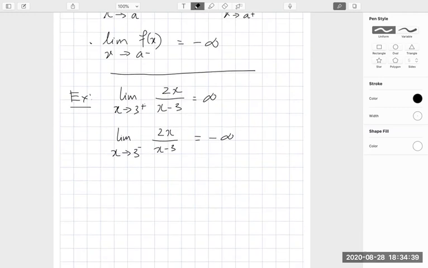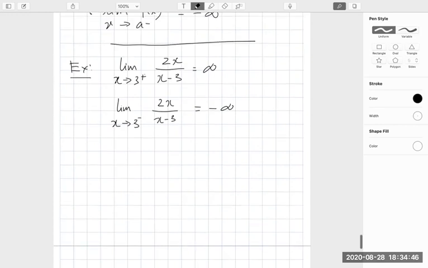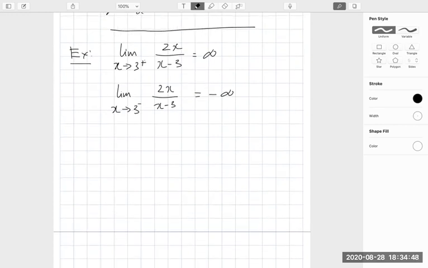Now, in order to see this, we need to plot the graph of this.